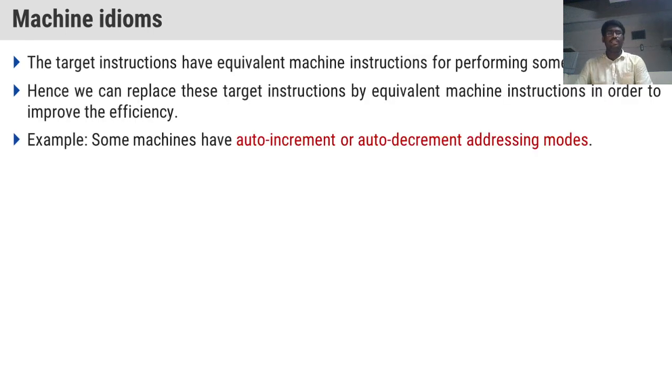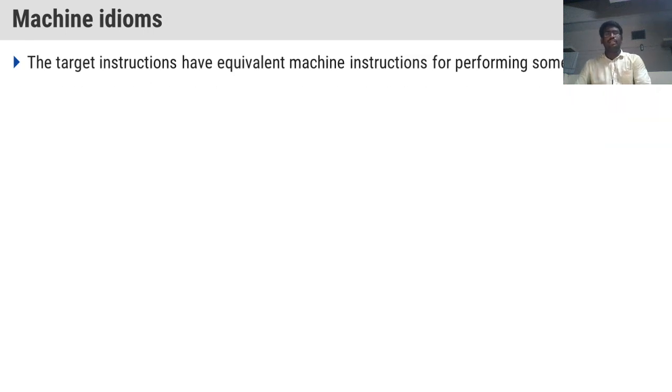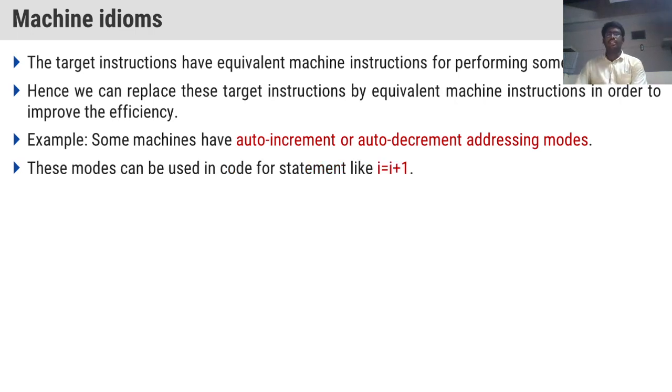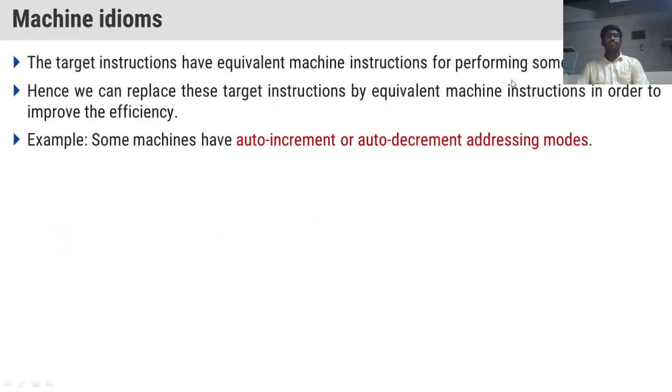Last one is machine idioms. They are nothing but target instructions that have equivalent machine instructions for performing some operations. Some examples for machine idioms are auto increment and auto decrement addressing modes. These modes can be used in code for statements like I equal to I plus 1.